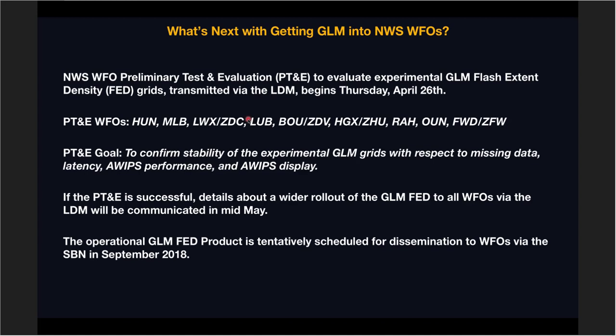So the latency, if I have a CAVE time of say 1924, the GLM product that I have loaded time matched to that is either 1922 or 1923 on average. So it's pretty fast. If you think about it, the data gets to AWC, that's where this data is being processed.